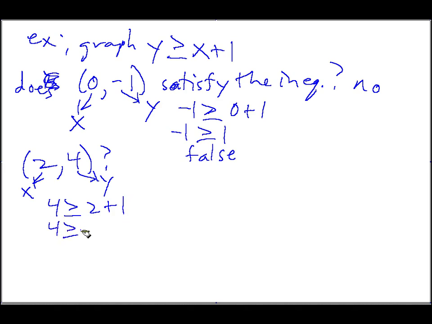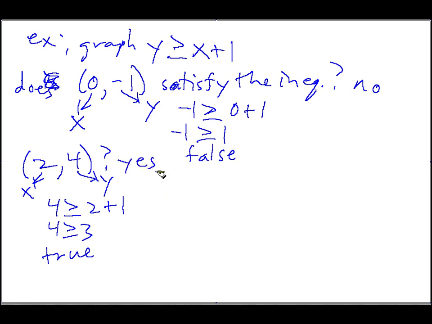So 4 greater than or equal to 3. Well, yeah, 4 is bigger than 3. It's not equal to 3, but it's bigger than 3, so therefore this is true. Either you're greater than or you're equal to. In this case, we're not equal to, but we are greater than. So this statement is true. Therefore, does this point satisfy this inequality? The answer is yes in this case.